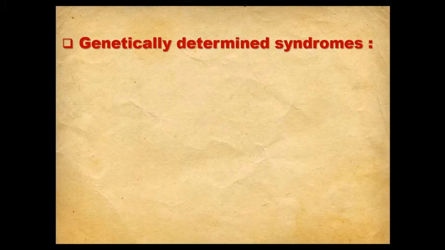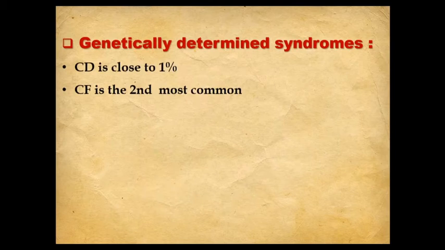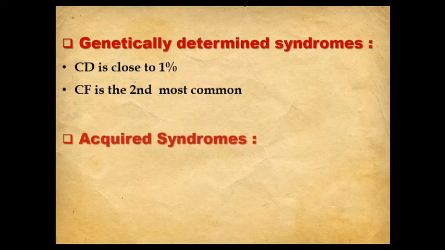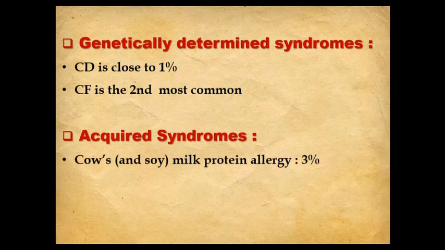So in genetically determined syndromes, the common example is celiac disease, which is close to 1%, and the second most common is cystic fibrosis, as a genetically transmitted malabsorptive disease.